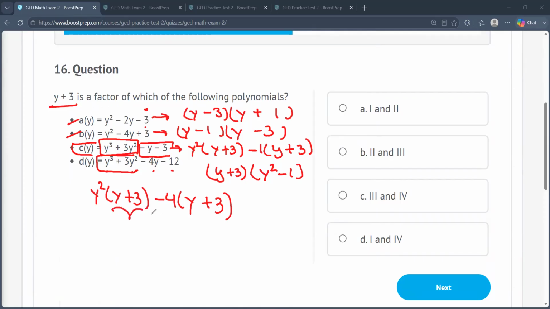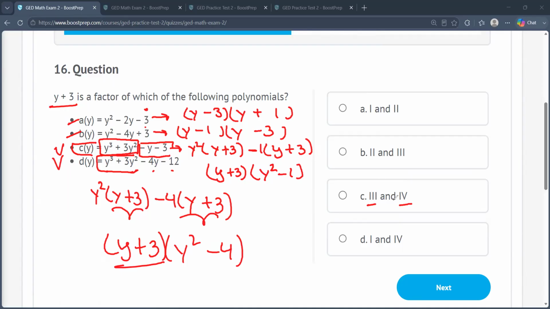As you can see, the y plus 3 repeats, so you can write it out once, and then you have our leftover y squared minus 4. As you can see, y plus 3 is a factor. So it will have to be Roman numeral 3 and 4, so that's why it's letter C.